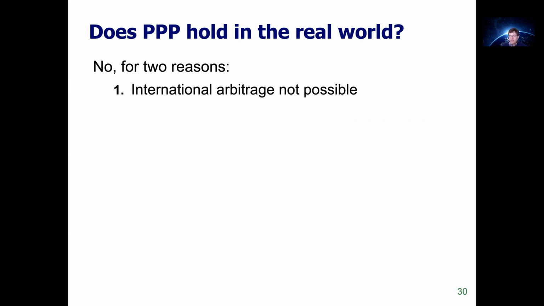Maybe it's regulations, trade barriers. Maybe it's the cost of translating descriptions of the CDs into Japanese. I don't know. That doesn't seem big enough to me, but it might be a partial factor. But anyway, for some reason, you don't have perfect arbitrage.